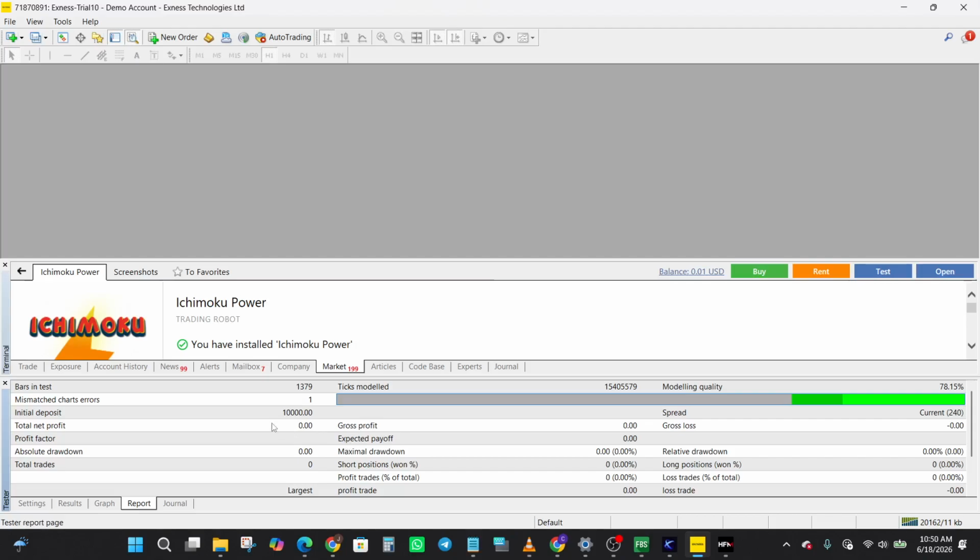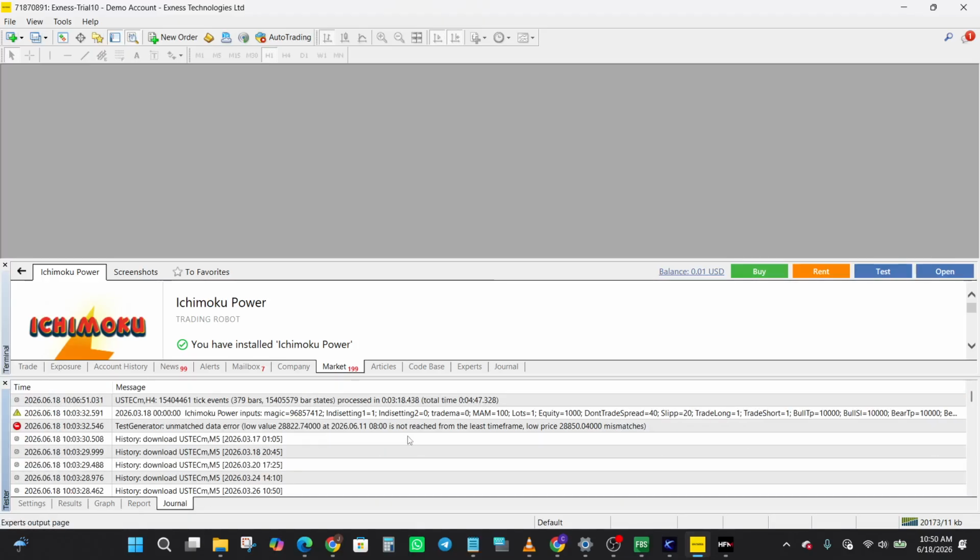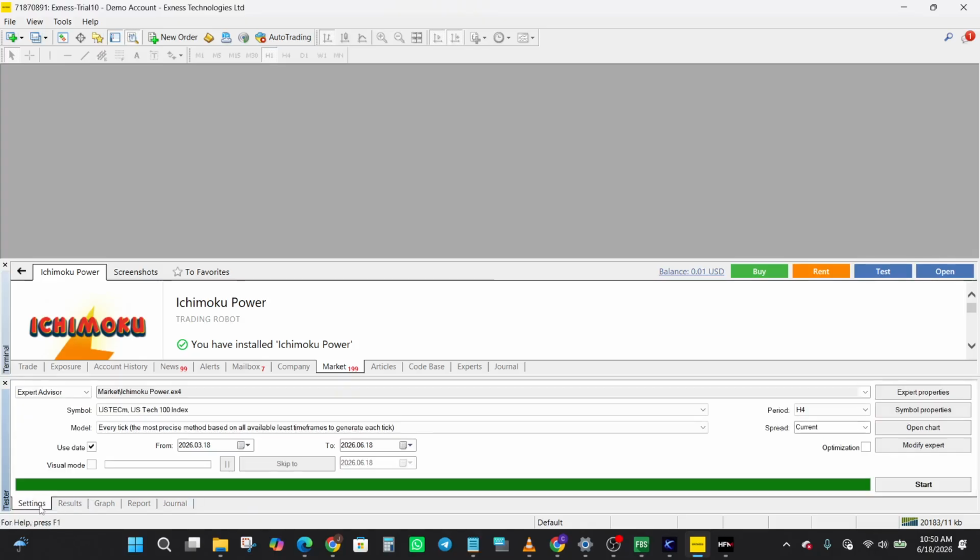So here I can see that for my initial deposit of $10,000, there seemed to be no trade taken. It's not reached from the least time frame. This might have something to do with the settings. So let's try the H1 time frame.